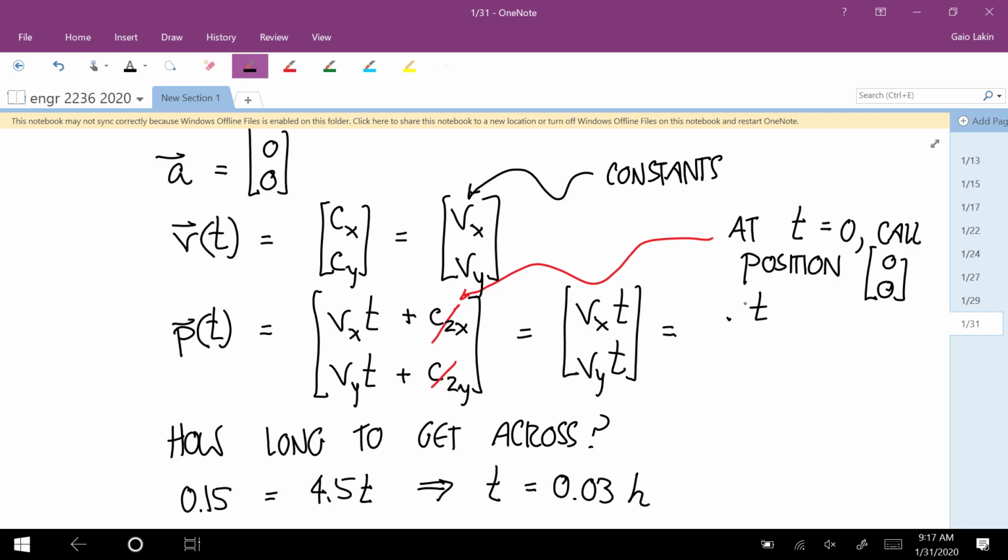This should be 8 t, and then 4.5 t. Okay, so now we have this position function. Now, we know when we get to the other side, I'm going to use the y equation to calculate when y has changed by 0.15 miles. That's when you get to the other side. Calculate t and then plug it in for x.